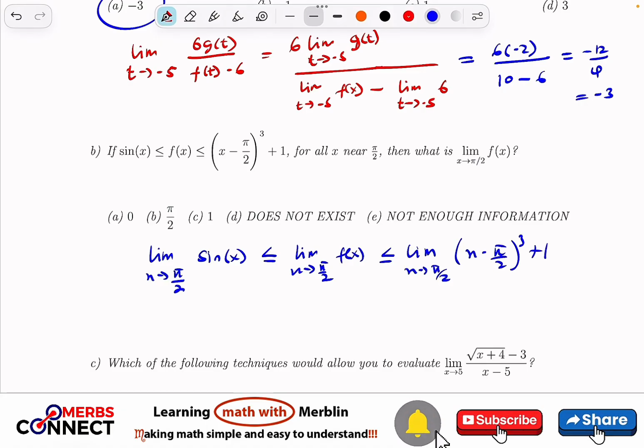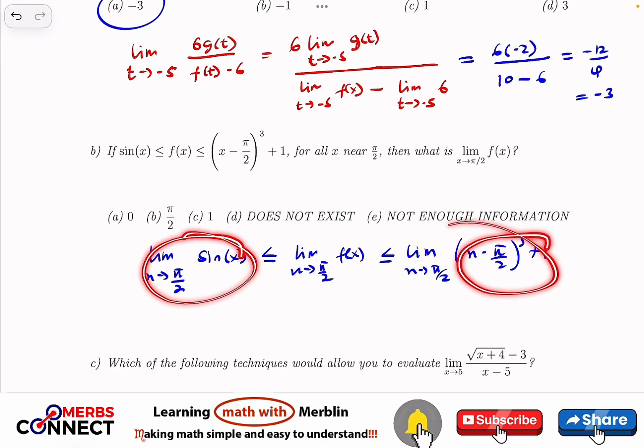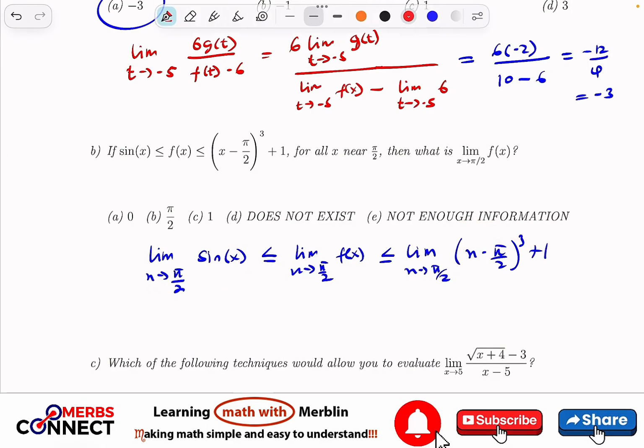So let's try and simplify this. We are interested in this and that, right? Now, when I plug in pi over 2, sine pi over 2 is 1.